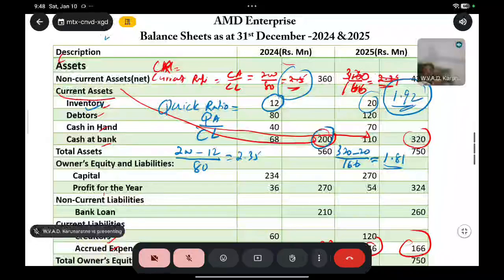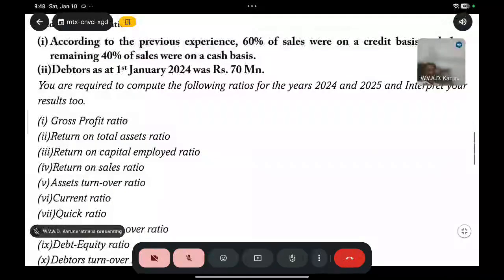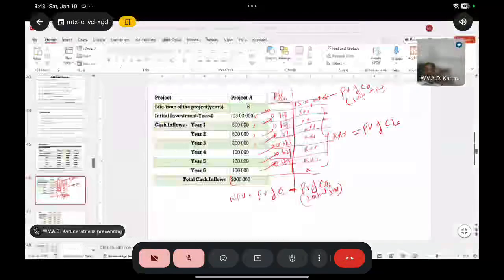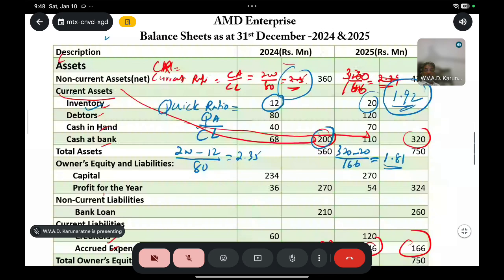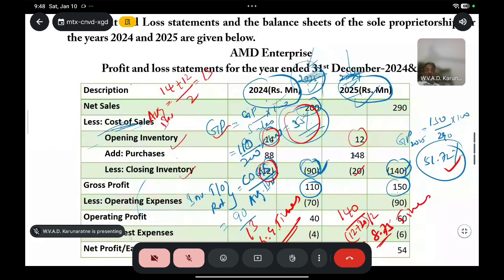Then if you want to calculate the return, now what are the ways? Yes, we have to calculate. In this case, you are given, according to previous experience, 60% of sales were credit, then 40% sales were cash. If you want to divide this sales, what is the sales amount? 200 and 290.